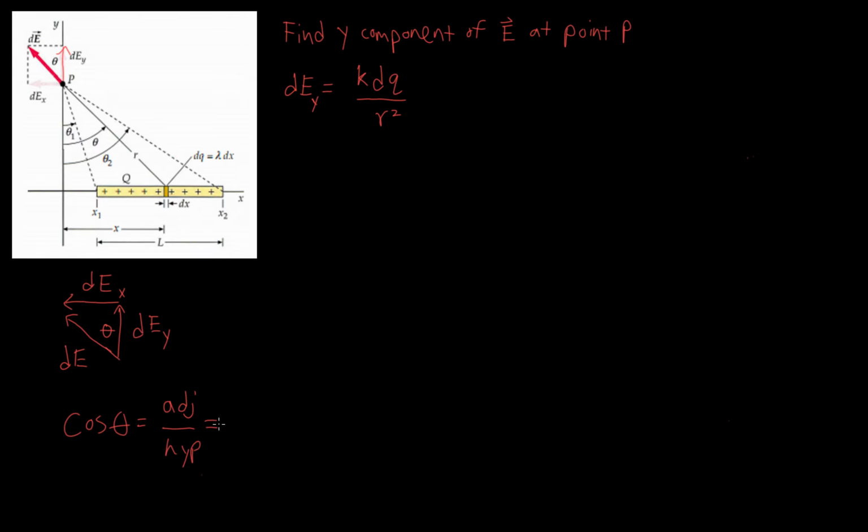And the adjacent side to this angle theta right here is just the y component of the electric field, which we can denote with dEy, and the hypotenuse is just dE.